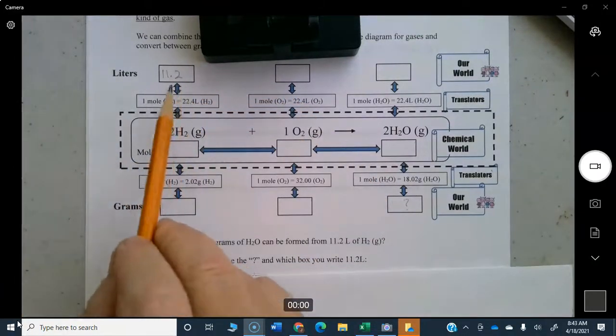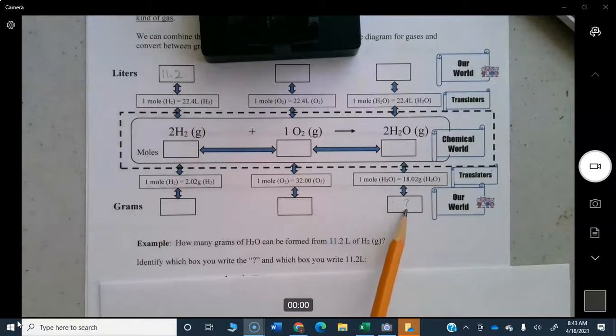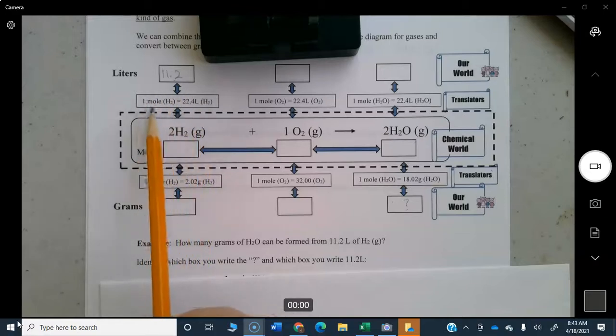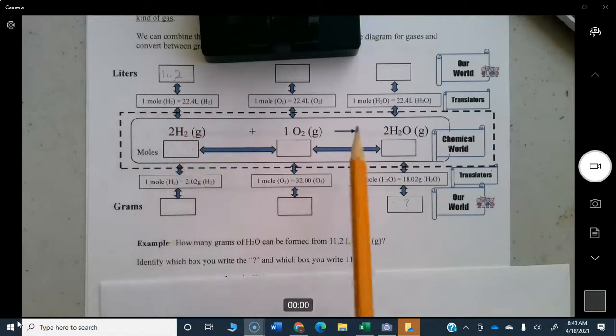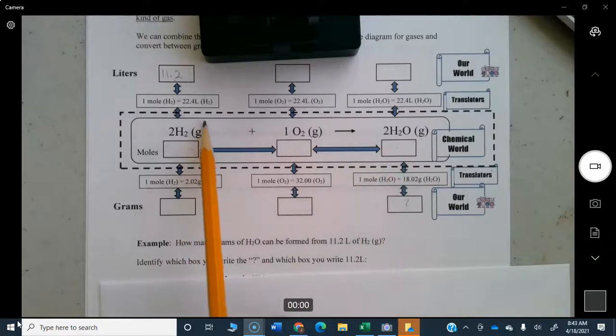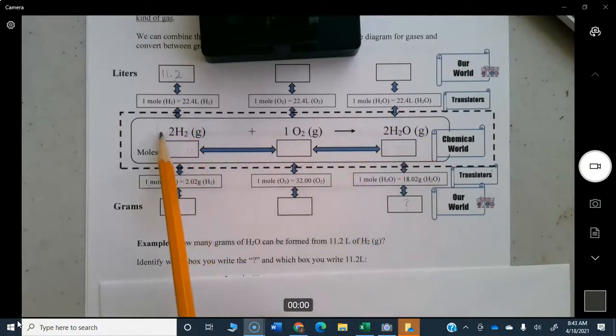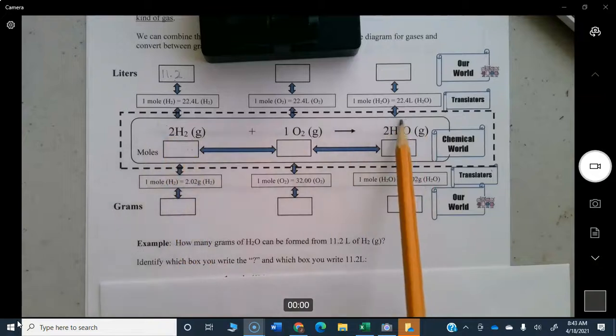All right, so you're starting here, you're ending here. See if you can determine your path. You've got to come down into the equation, straight down. So this is going to be your first conversion. Then you come across from here to here, converting from 2H2 to 2H2O. So your conversion would be 2 moles H2 equals 2 moles H2O.